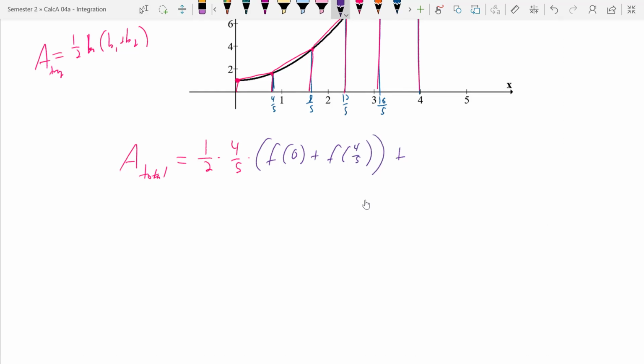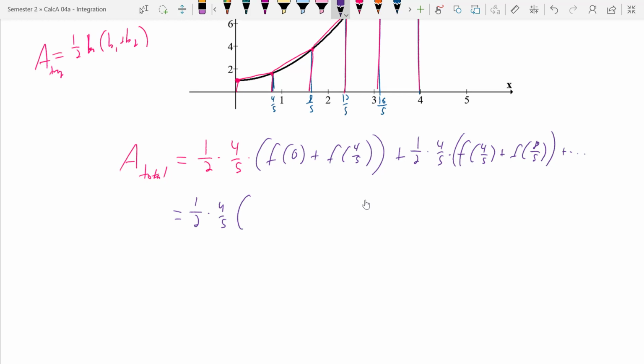And we're going to add up all the different trapezoids after that. To give you an example, the next one would be 1/2 times 4/5 times f of 4/5 plus f of 8/5.